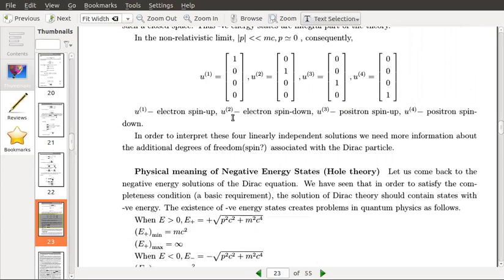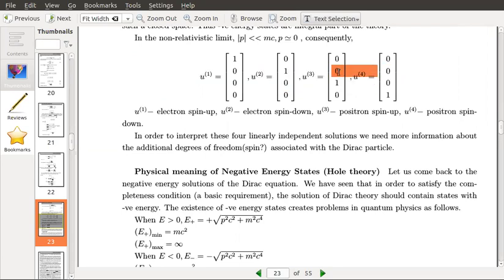Okay. Now the only thing is that we have to give some explanation to these negative energy states. We have to interpret and give an explanation for these four linearly independent solutions. Now I can call this a positron, though I have not yet defined what a positron is.